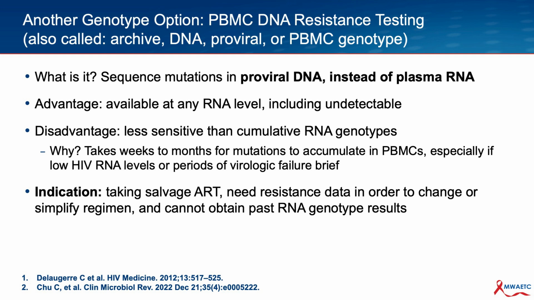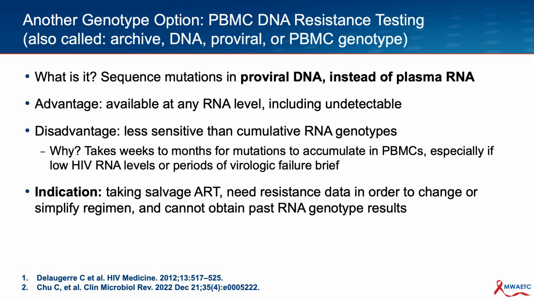So if you have the option of getting past records and getting all of a person's past traditional RNA genotype results, that is always preferred over the DNA genotype. However, there are instances in which that just isn't possible, isn't feasible.